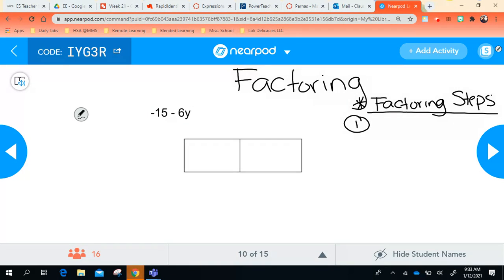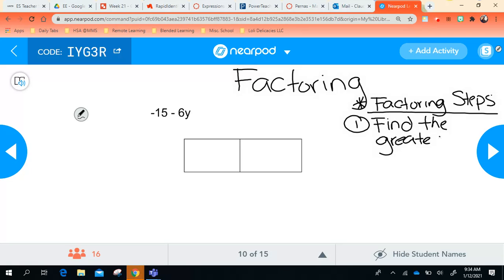And then we're going to put down a few steps so that we don't forget how to do it. Our first step for factoring is that we want to find the greatest common factor.